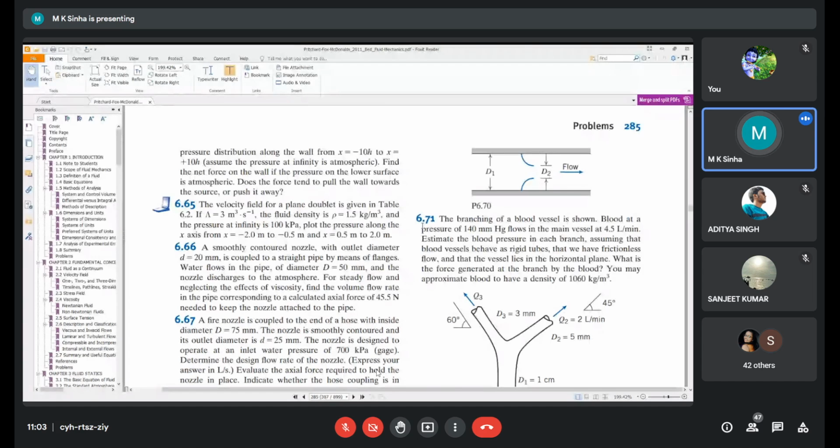For a steady flow and neglecting the effects of viscosity, find the volume flow rate in the pipe corresponding to a calculated axial force of 45.5 Newton needed to keep the nozzle attached to the pipe. That is the given. You have to find out the discharge rate.